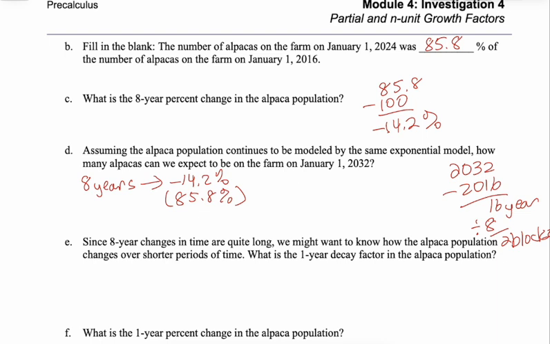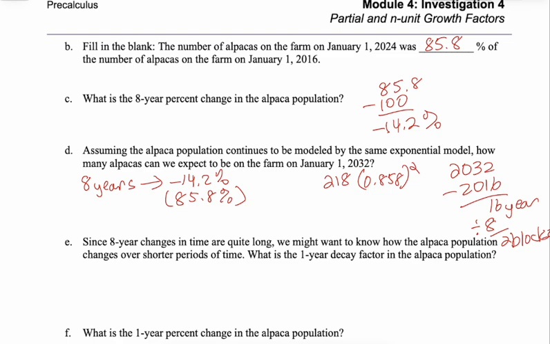So the alpacas, if you did scroll back up, started at 218. We have to multiply by that percentage that gives us the number, that 0.858. But we have to do it twice, and that would be twice as an exponent.